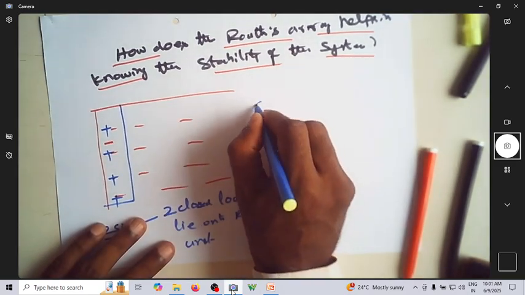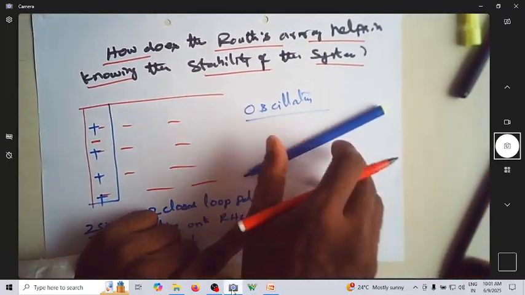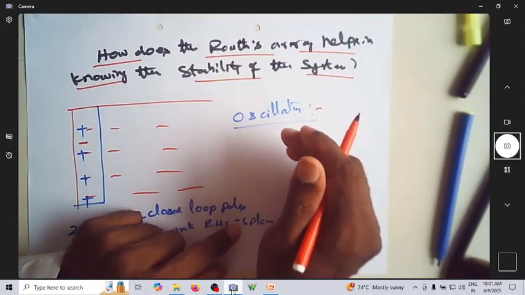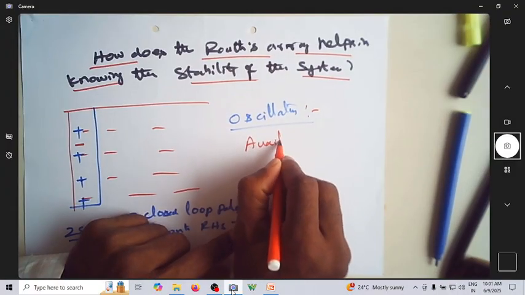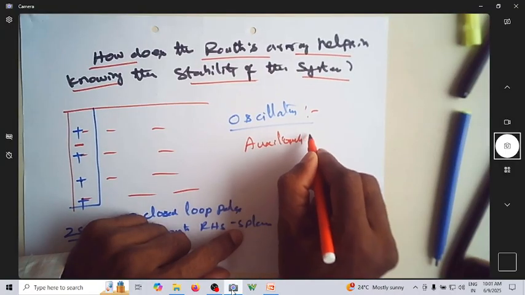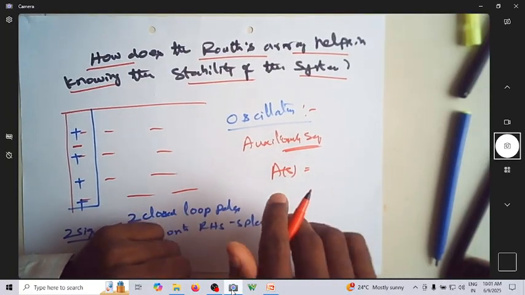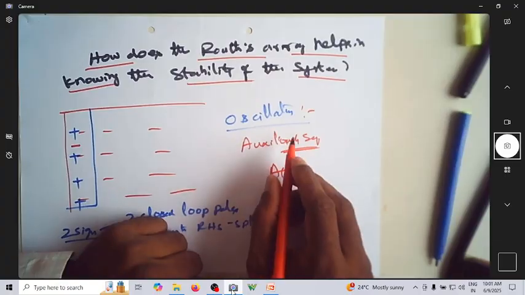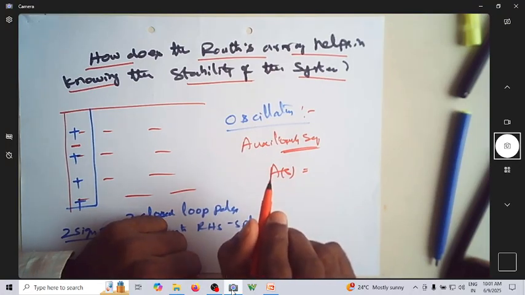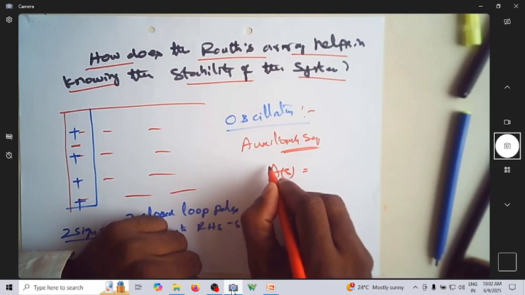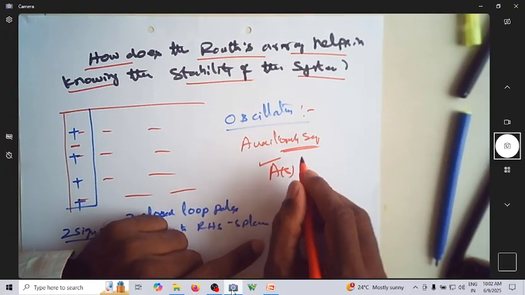And how do you know the oscillatory system? Information about the oscillatory system can be known by having the auxiliary equation. When you have the auxiliary equation, that is A(s), which is an even polynomial, this auxiliary equation will tell you whether the system is oscillatory. When the system is oscillatory, you will certainly end up with the auxiliary equation.